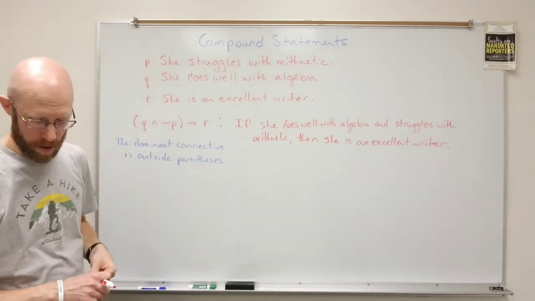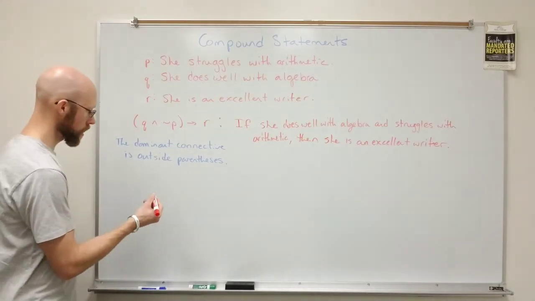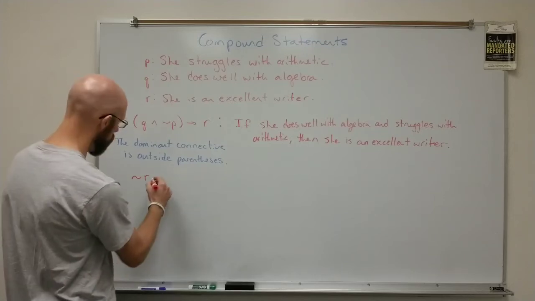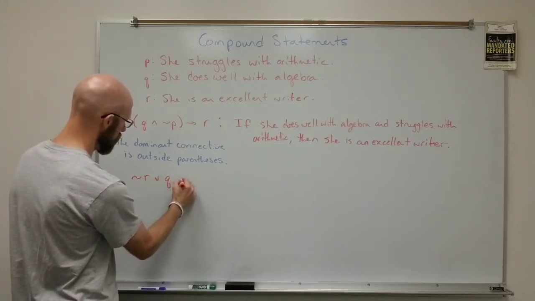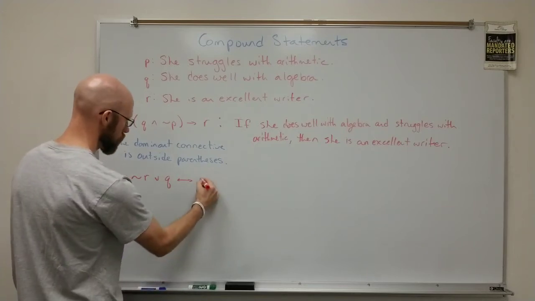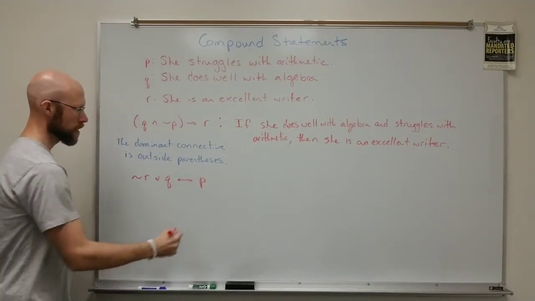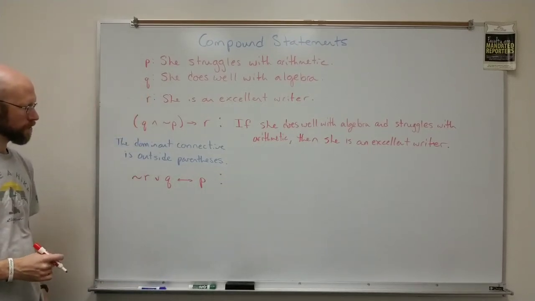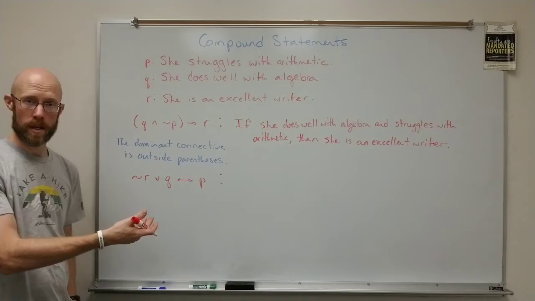Another example you might see is something like not R or Q, and then a biconditional with P. Again, this doesn't actually have to make sense. I just need to be able to translate it accurately.